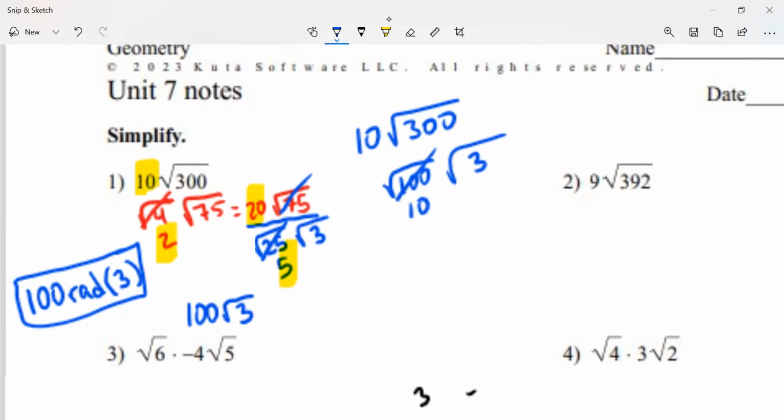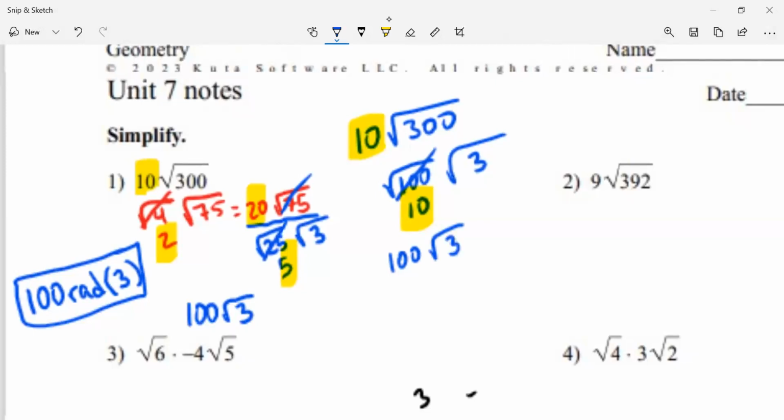And I'm going to say the bigger number that you have as a perfect square, the faster you're going to get to the answer. And then remember I said, once you get a perfect square, that whole number, you have to multiply to the number that was outside to begin with. 10 times 10 gives me 100. 100 radical 3.